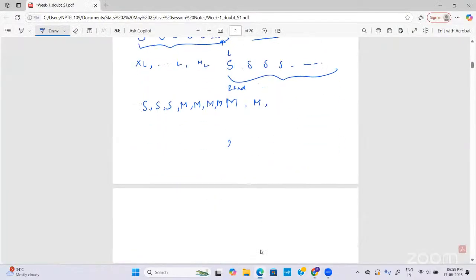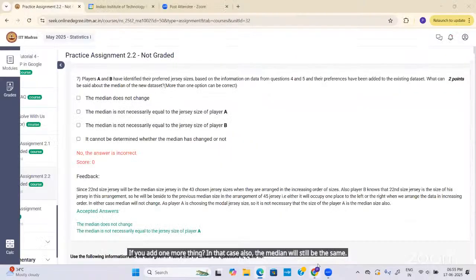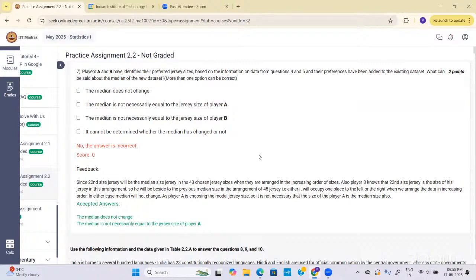Suppose this is the 22nd position, and let's suppose it is M. Player B is ordering the same. So M will be coming to this side or this side only, right? If you add one more thing, in that case also the median will still be the same. Are you getting the point?